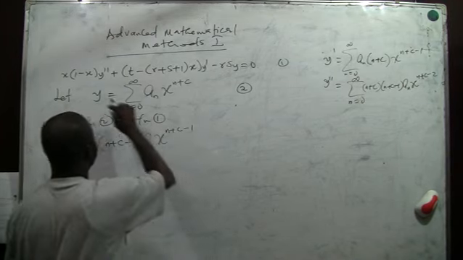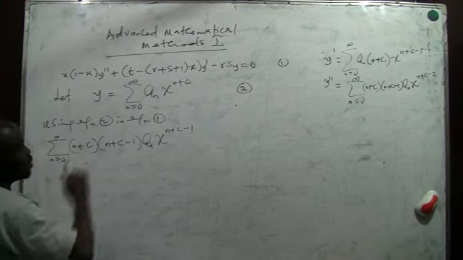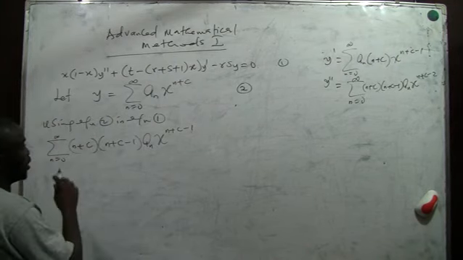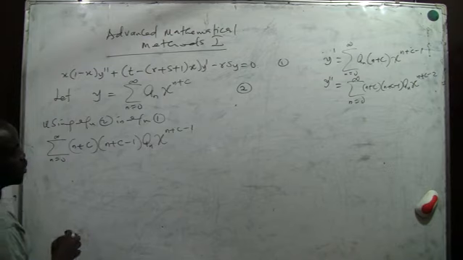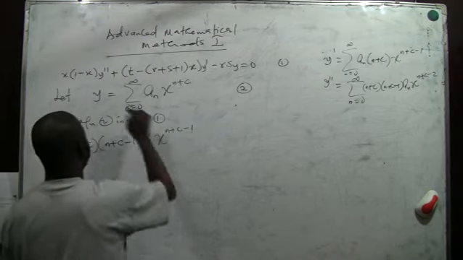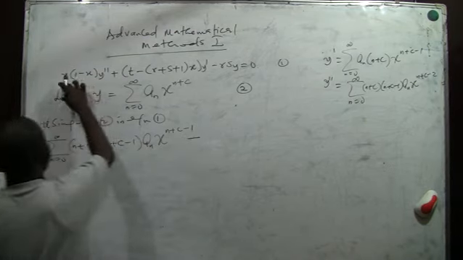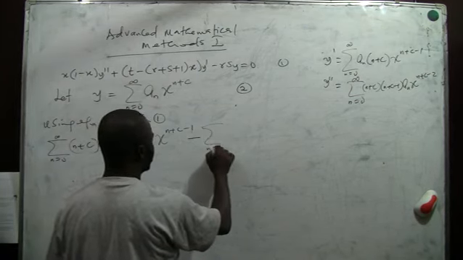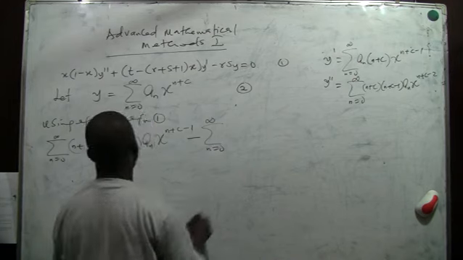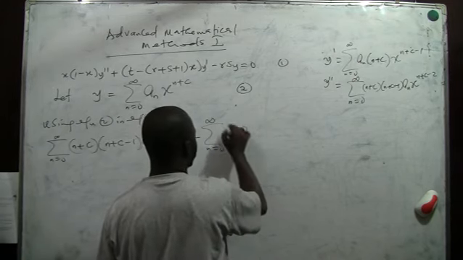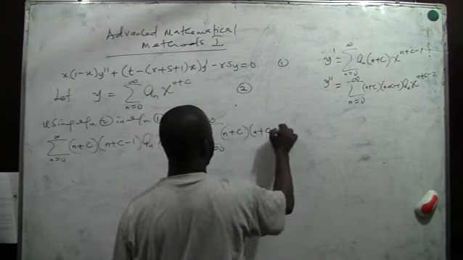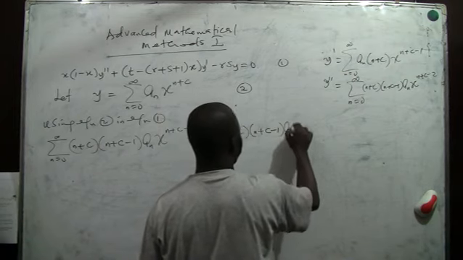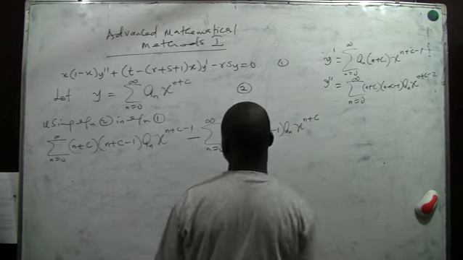Because of the law of indices, x multiplying the power of x in y'' increases the power by 1. Then we have minus x times x multiplied by y'', which gives the summation, n from 0 to infinity, of (n plus c)(n plus c minus 1) a_n x raised to the power n plus c.